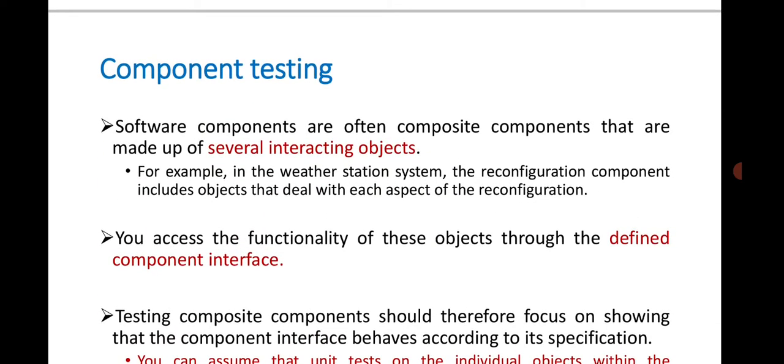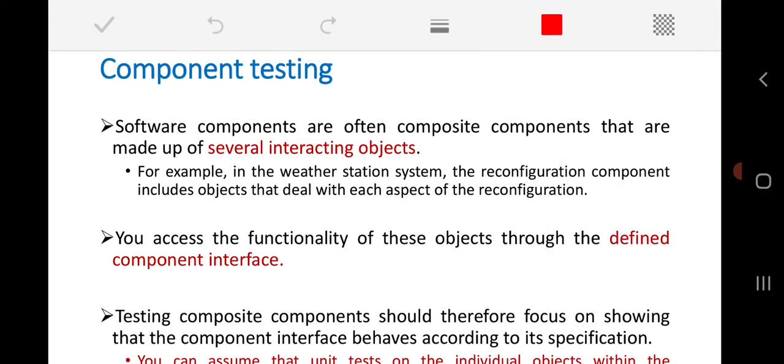So basically, software components are often composite components that are made up of several interacting objects, where every object you can treat as a unit. During unit testing, just try to recall, an object, a method of an object, a function, or an individual program as a unit gets tested under unit testing.